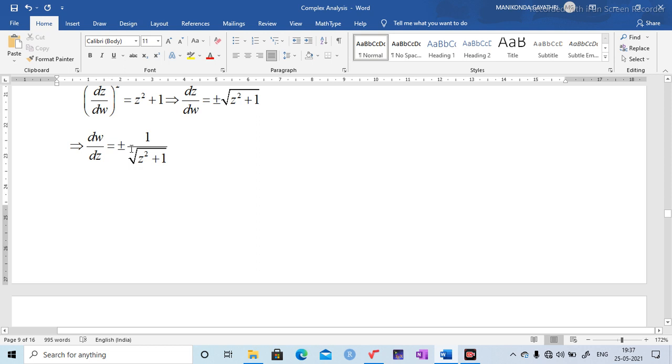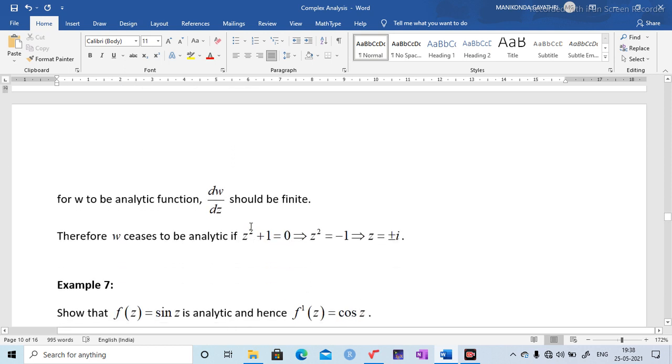W is not an analytic function whenever this is infinite. How are we going to get an infinite value here? Whenever the denominator becomes 0. That's why z square plus 1 equal to 0, z square equal to minus 1, z equal to plus or minus i. Observe, whenever z equal to plus or minus i, then w ceases to be analytic.